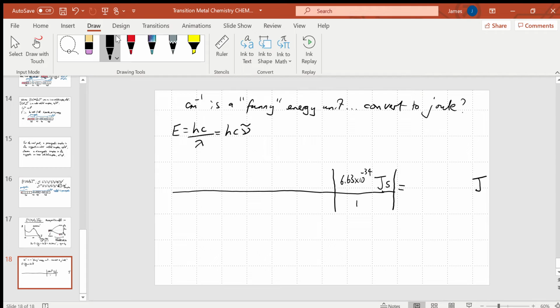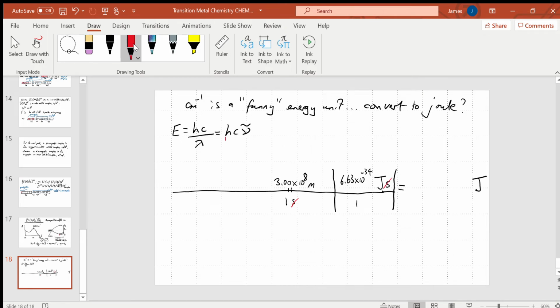I want to get rid of seconds, so let's have a reciprocal second in here. So we have the speed of light, so we can write 3 by 10 to the 8 meters is equal to 1 second. So that's good, because then the second can cancel the second.